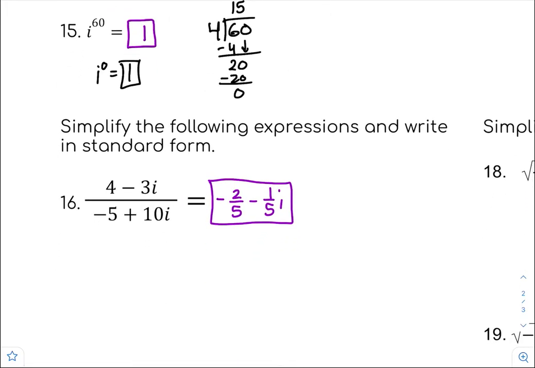Okay. Now we're over here. So this is complex numbers, but writing it using division. So what we're going to do is we have to find the conjugate. Let me move this first.